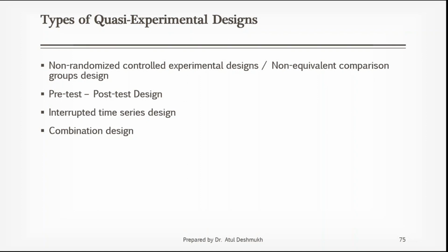Sometimes you have to apply purposive sampling. Sometimes you have to select the sample based on your convenience or the convenience of the human participants. In that case, many times you can use this kind of experimental design called quasi-experimental study design.